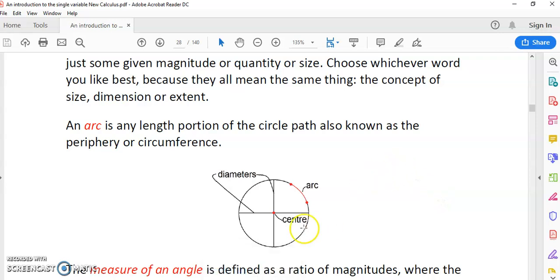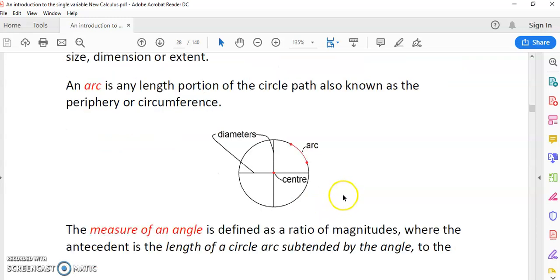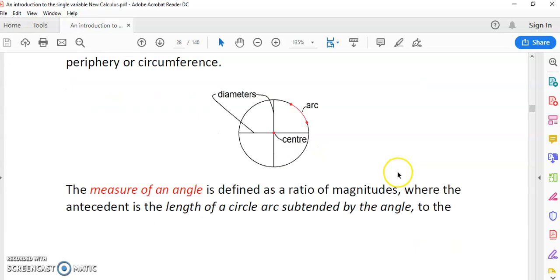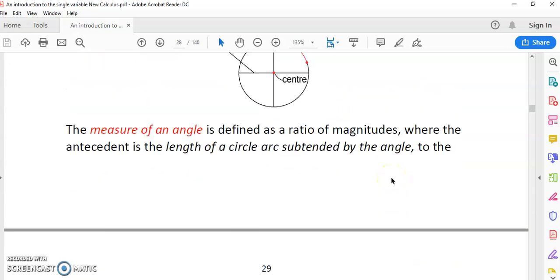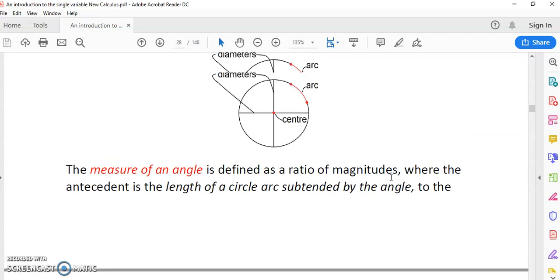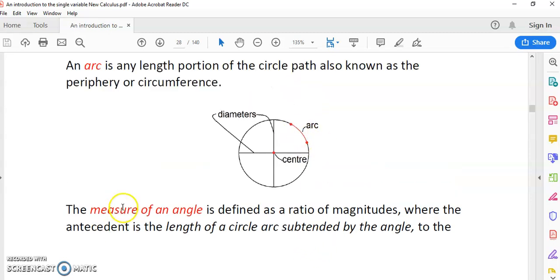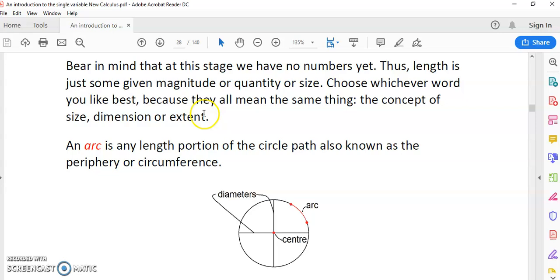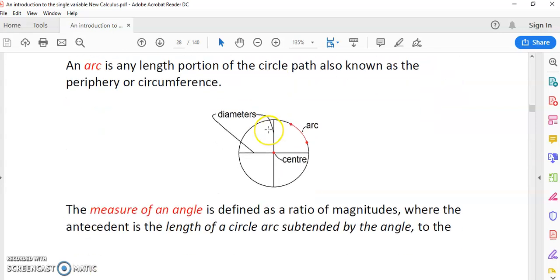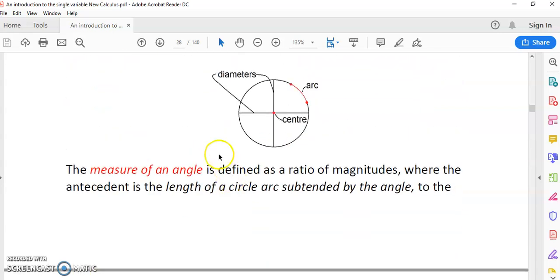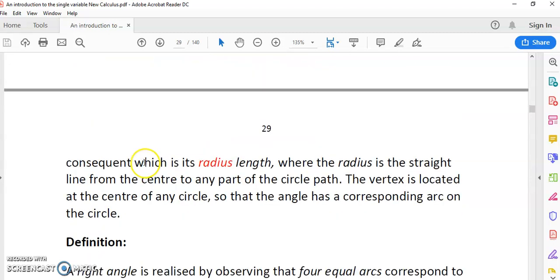And we'll say that the measure of an angle is defined as a ratio of magnitudes where the antecedent is the length of the circle arc, in other words, the length of this red arc, subtended by the angle. The antecedent is just the first part of the ratio and the consequent the second part. And so we'll call that the measure of an angle, okay?